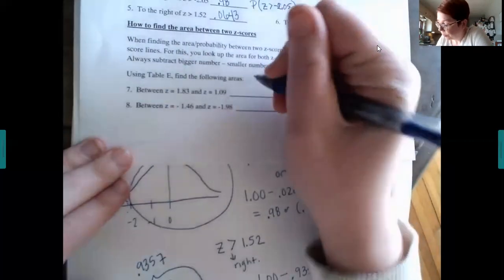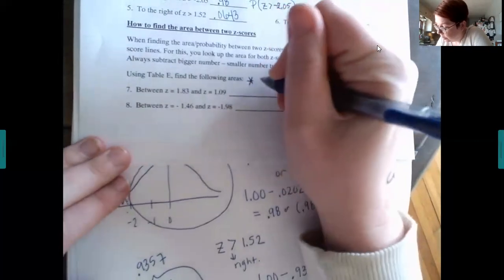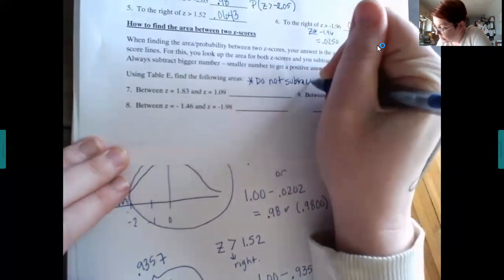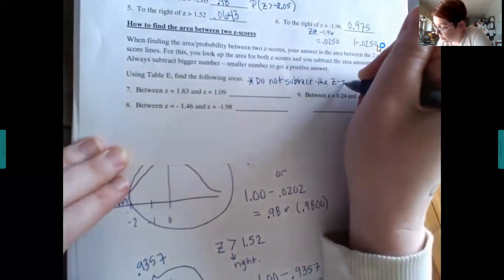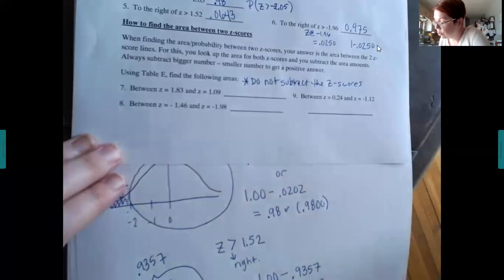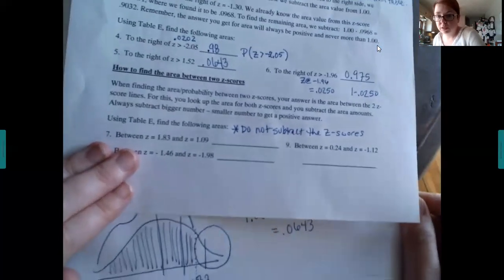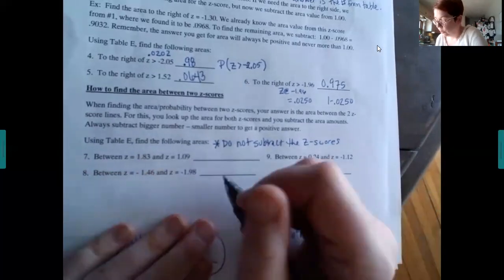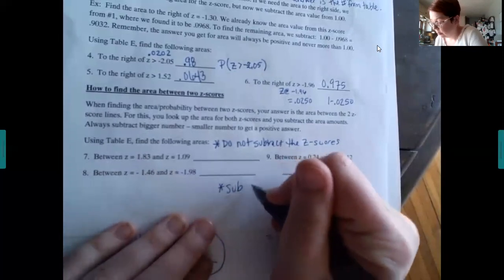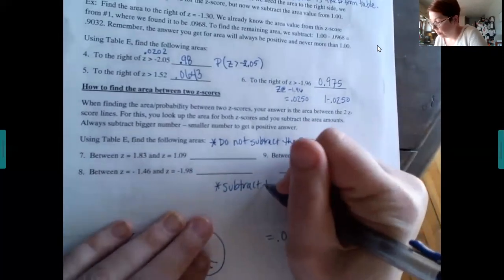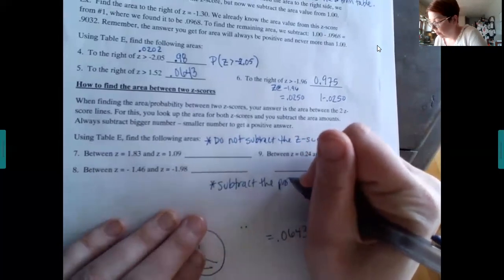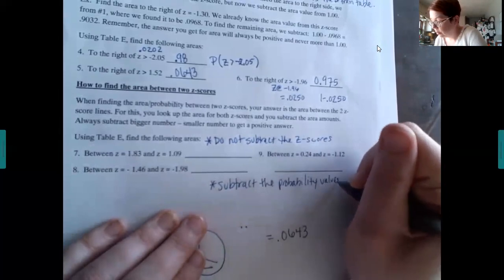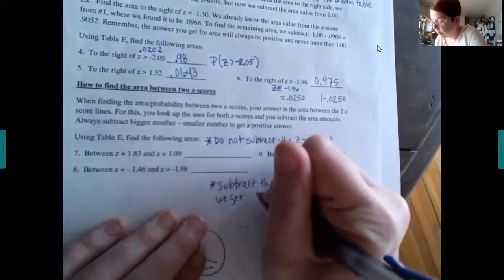So what I want you to remember is do not subtract the z-scores. Sometimes people forget, and they know they have to subtract something, so they just subtract the first thing they see. But we're not subtracting these. We're going to subtract the probability values we get from the table.